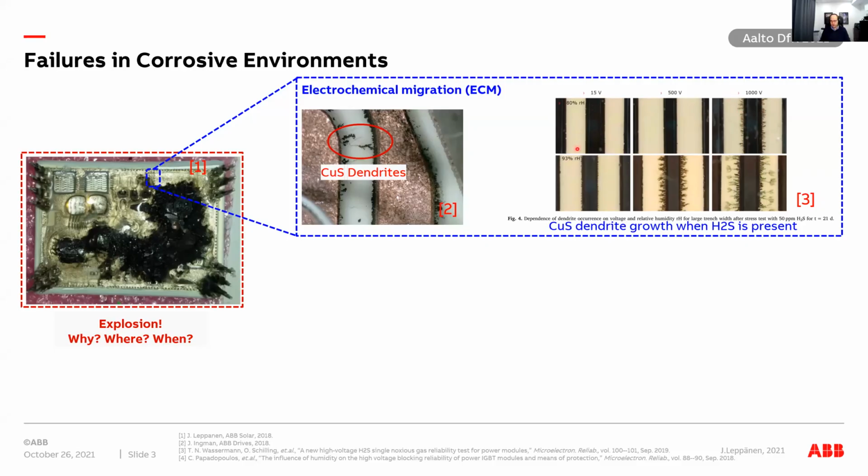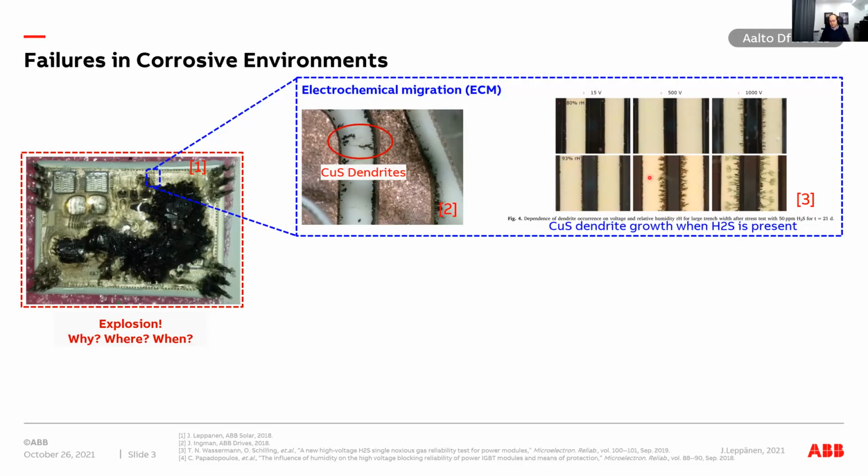But on the other hand, humidity also plays a huge role. So 80% relative humidity has barely any effect when you have low enough voltages. But when you increase the humidity to 93% relative humidity, you start seeing something already at 15 volts even, and then at 500 volts it gets much worse.